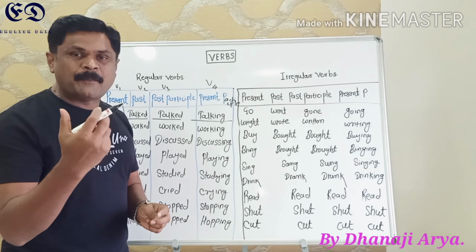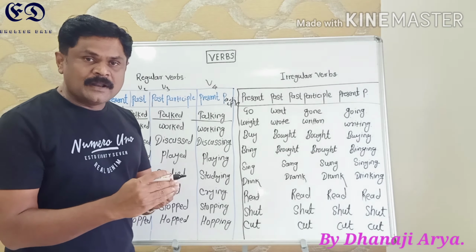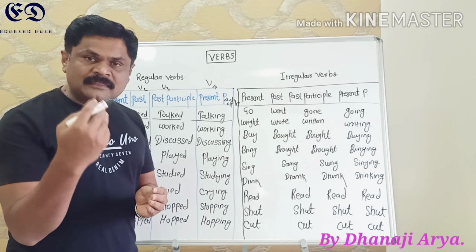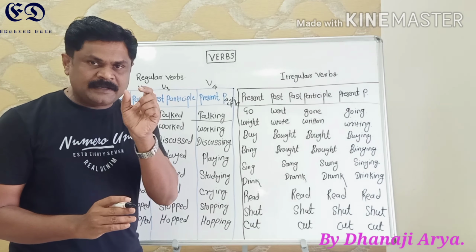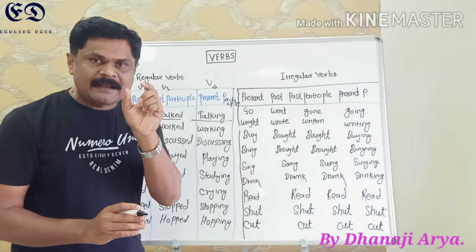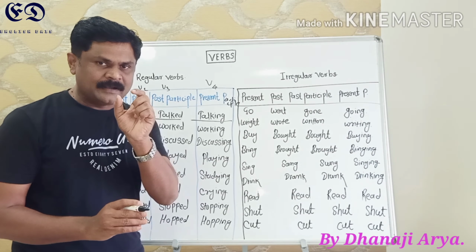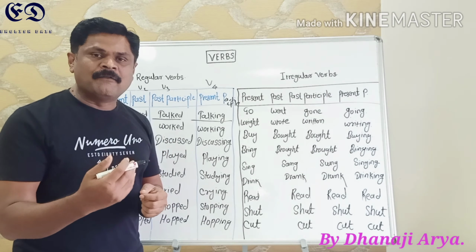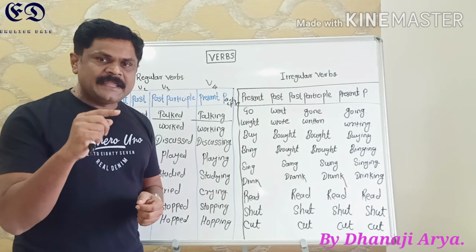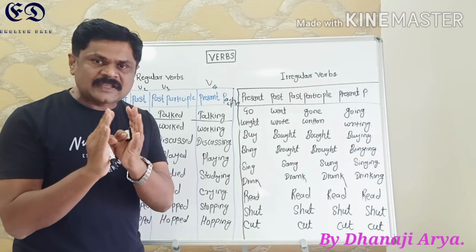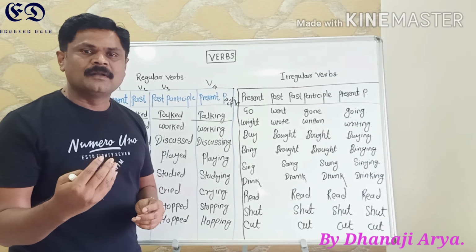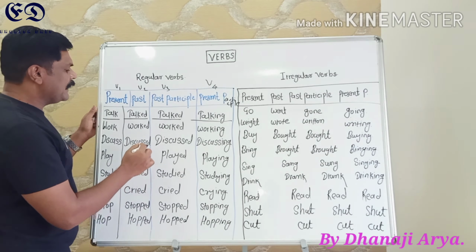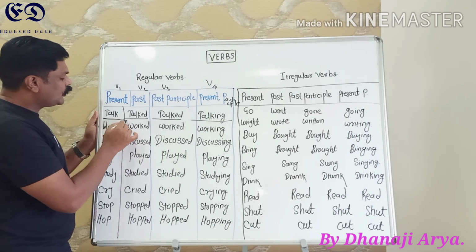When we discuss regular verbs, the second form and third form are made by adding d or ed at the end of the verb. Let me repeat. In regular verbs, we add d or ed at the end of the verb and make the second and third form. For example, this is talk.